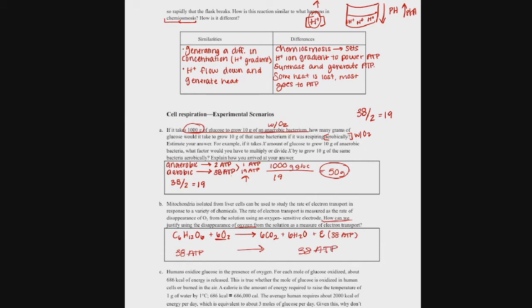And I guess I shouldn't have written it this way because that looks like products and reactants. But basically, for every 6 oxygen molecules consumed, we expect 38 molecules of ATP to be produced. And yes, O2 is the last molecule in the transport chain. That is also correct, yes.